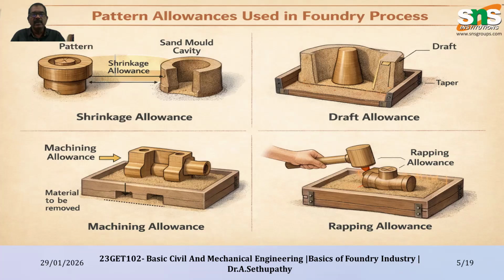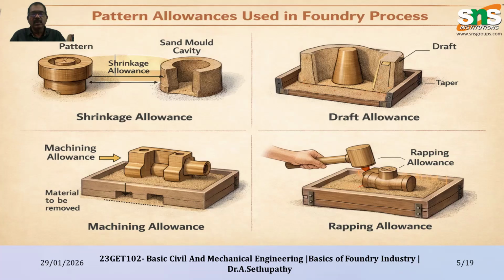We fix some extra dimensions in the pattern for the shrinkage, since the outer area will shrink as the metal goes from liquid to solid. So this is one of the pattern allowances we use in the foundry process.